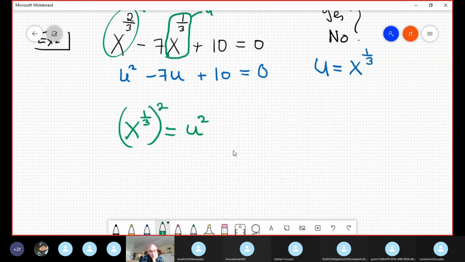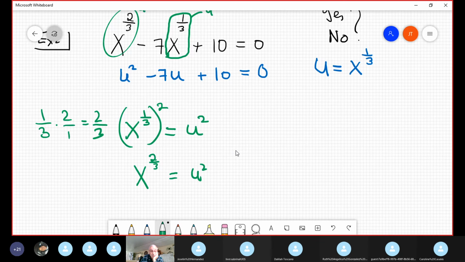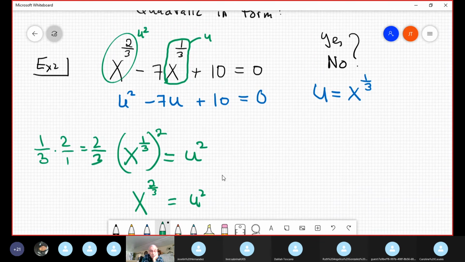When you square, you multiply the exponents, so x to the 2/3, because 1/3 times 2/1 is 2/3, is equal to u squared. That is the reason that in my definition, if u is x to the 1/3, then u squared is equal to x to the 2/3, that part. More clear now?